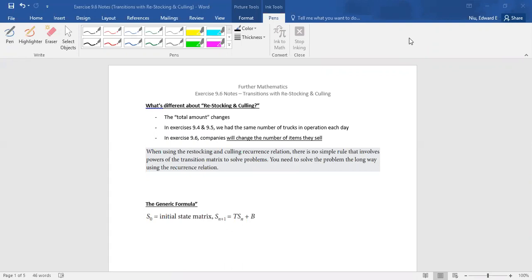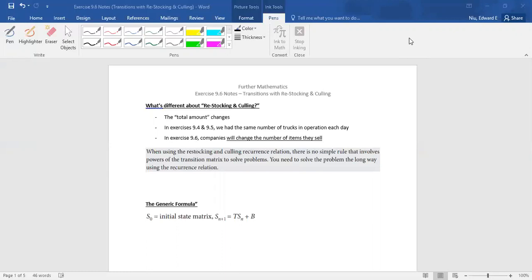Right, now that you've done 9.4 and 9.5, let's check out 9.6, which is dealing with transition matrices with restocking and culling. Previously in 9.4 and 9.5, what you noticed was with our truck example, the company always had 140 trucks.